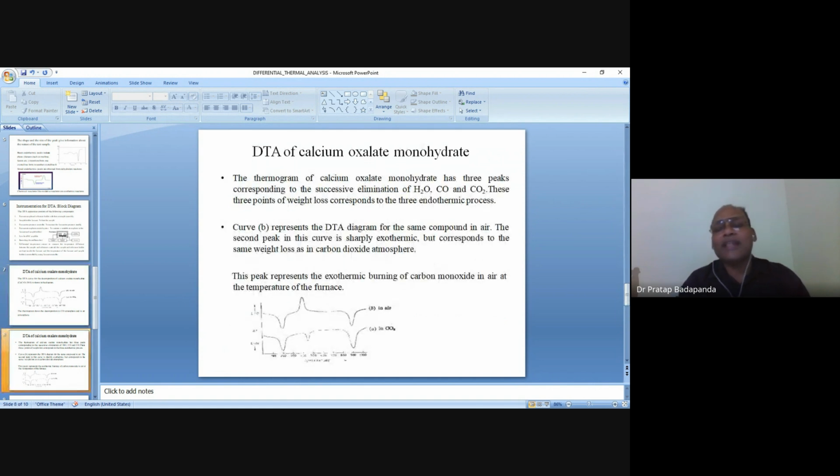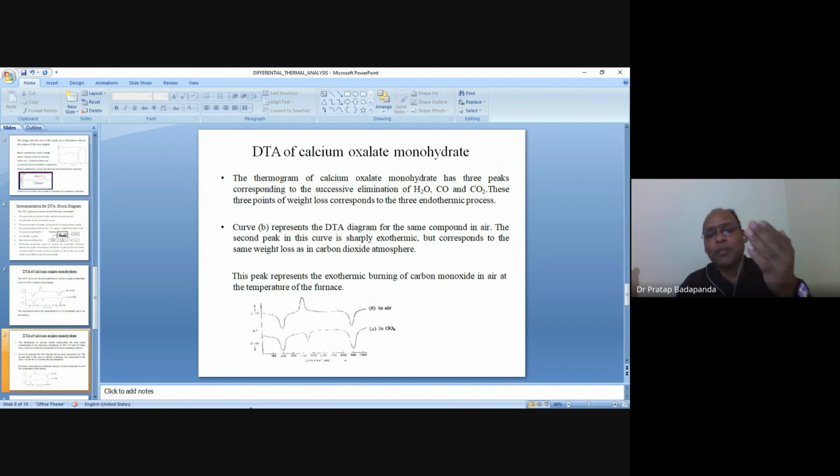DTA of calcium oxalate monohydrate. First, the thermogram, the graph of calcium oxalate monohydrate, has three peaks. In A you will see three peaks: the left one and the middle one are small, and the end one is large. In the upper part, B, there are also three peaks.